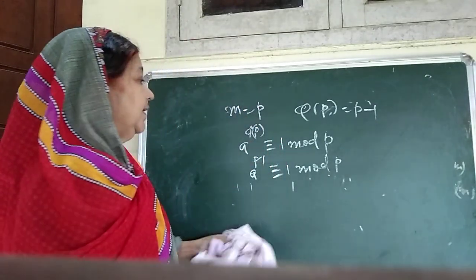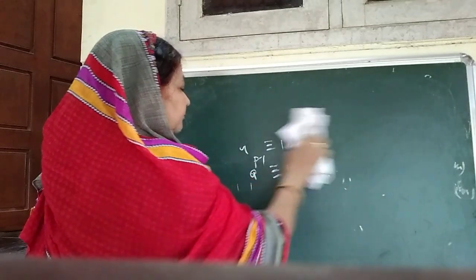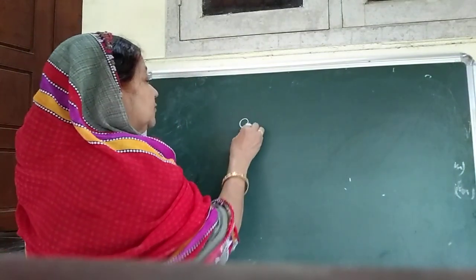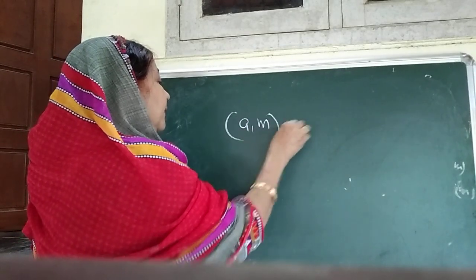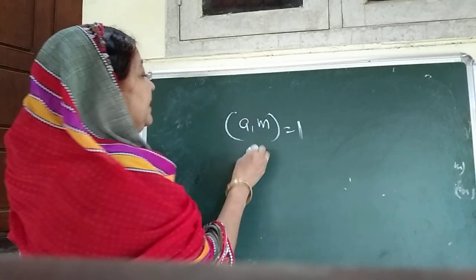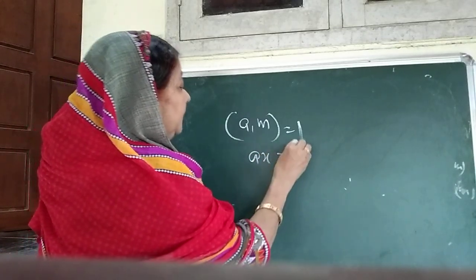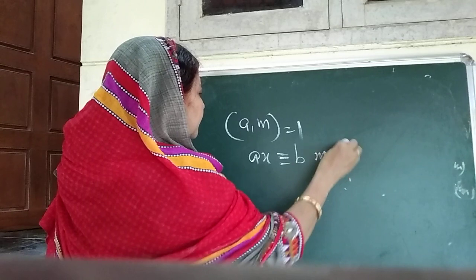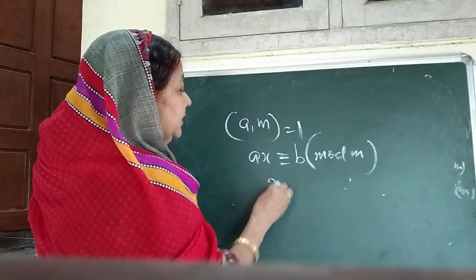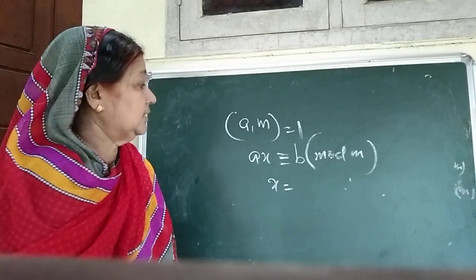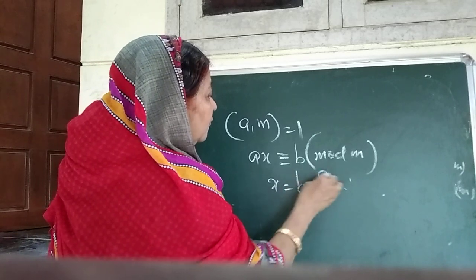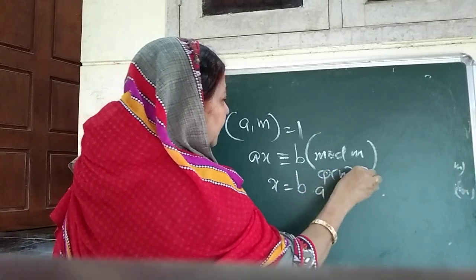Then we can find the solution. We know if (a, m) equal to 1, then the congruency ax is congruent to b mod m has a unique solution x equal to b into a raised to phi of m minus 1.